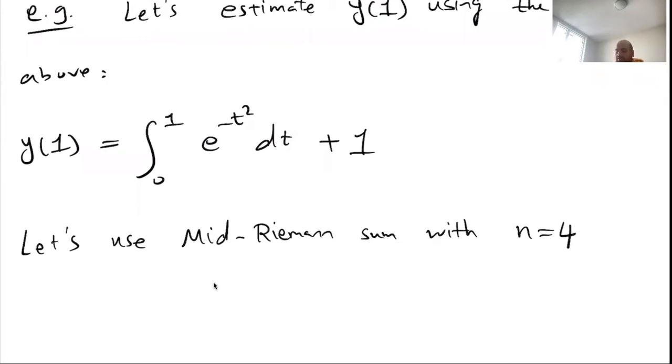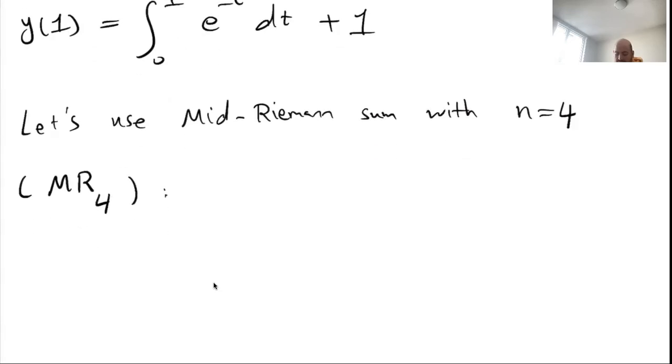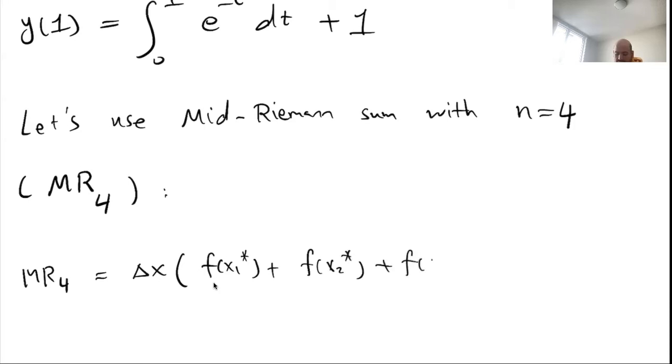The notation for mid Riemann sum is MR, and if n is 4, we can say MR sub 4. So MR sub 4 will be delta x times f of x1 star plus f of x2 star plus f of x3 star plus f of x4 star.